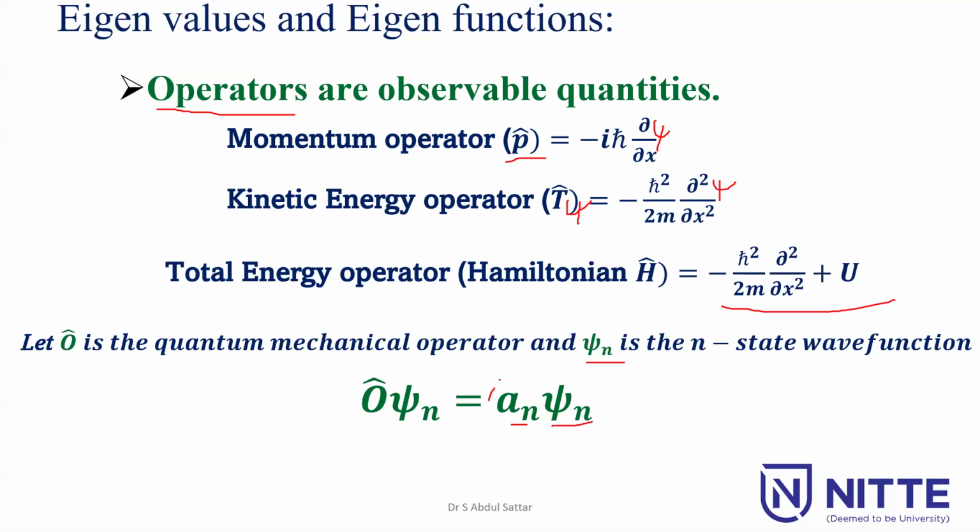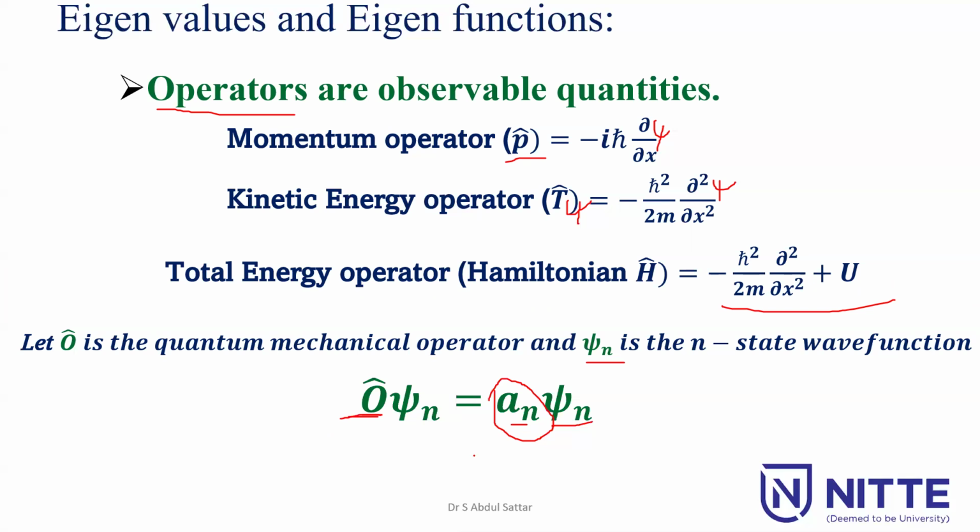So this a n gives the expectation value for the corresponding physical quantity. If this O cap is the kinetic energy operator, then a n gives the kinetic energy values. If O cap is the momentum operator, then a n gives the momentum values. If O cap is the total energy operator, then a n gives the total energy expectation values.